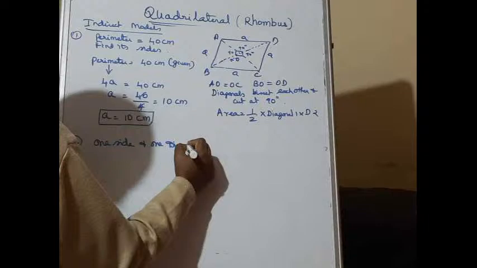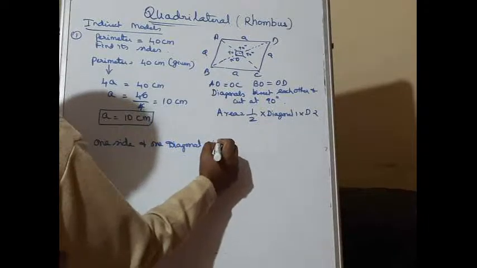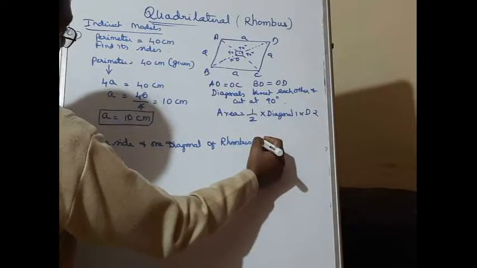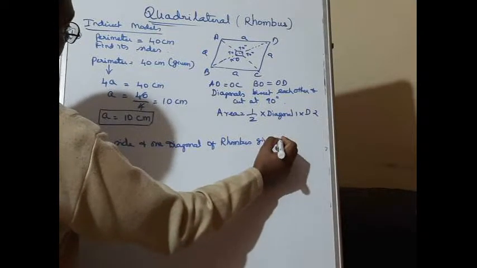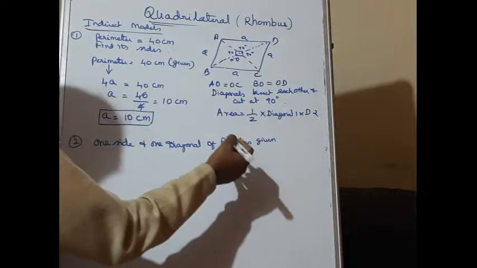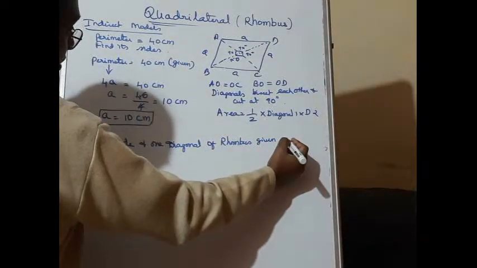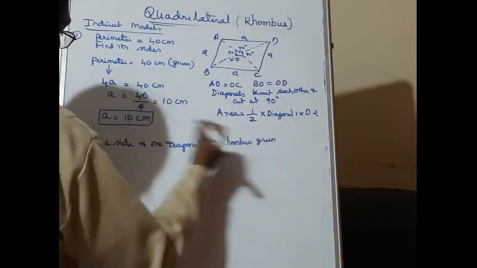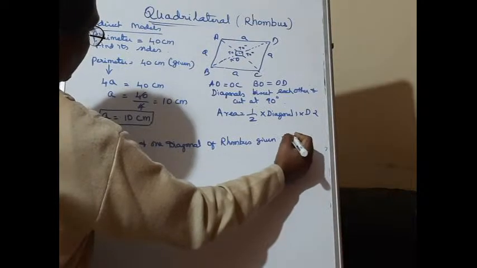Rhombus given. Find the area and perimeter.